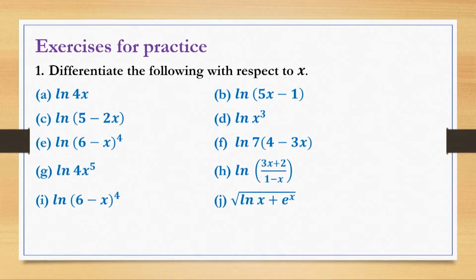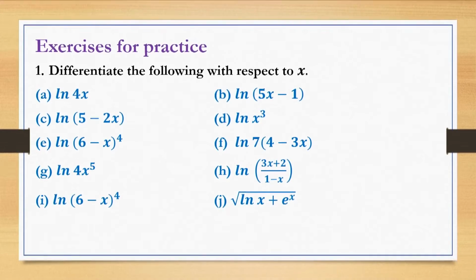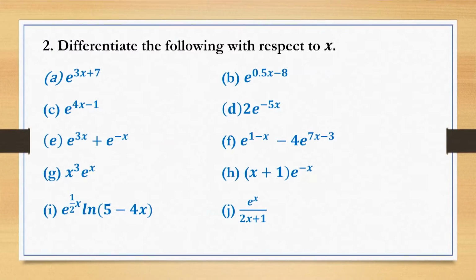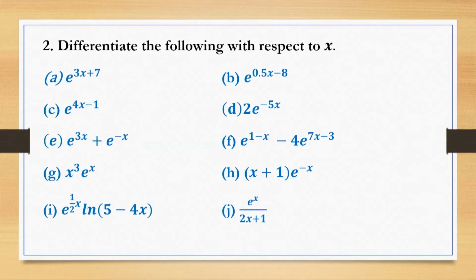You now have some exercises to practice on differentiation of logarithmic functions and exponential functions. In question 1 and question 2, you might have to use the product rule or the quotient rule as well.